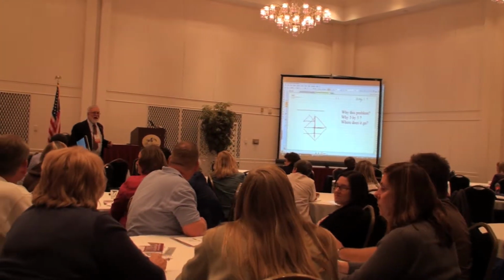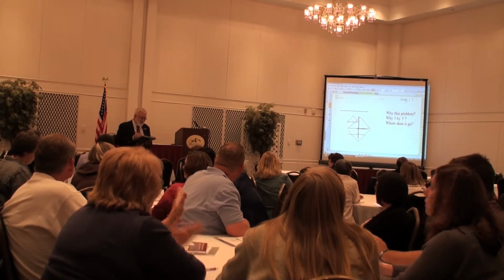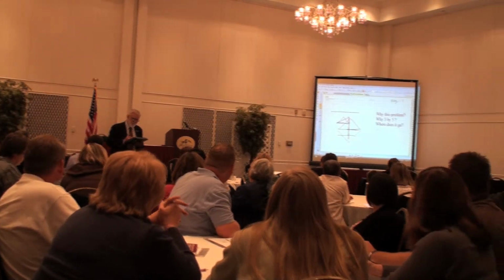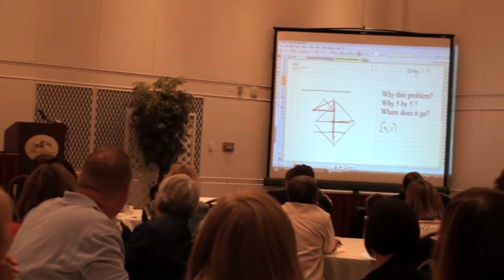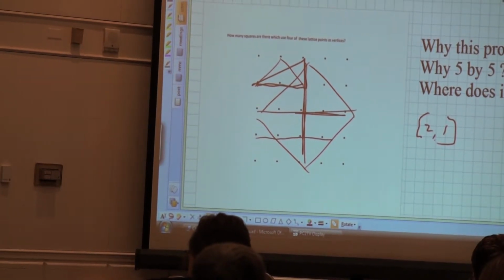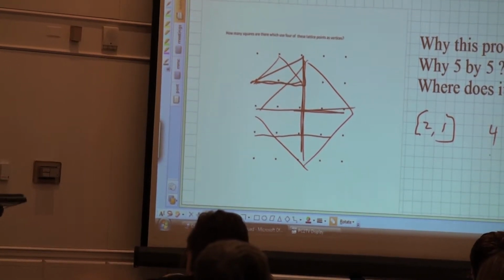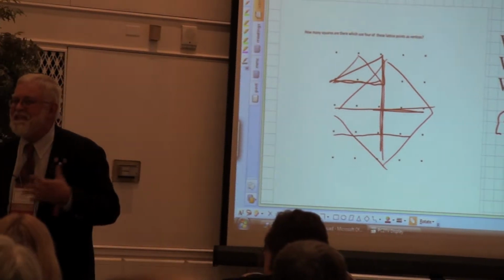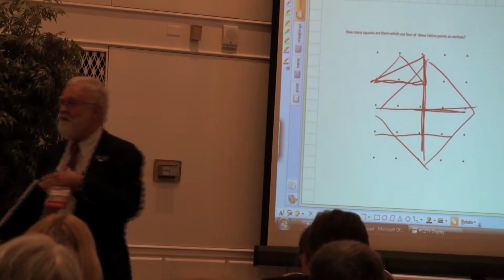And I turned it into vectors. And so I said, you know, that this is a 2, 1. So over and up. And how many 2, 1s are there? And I got 4. And when I did that, I noticed 2 really interesting things about how it works out.